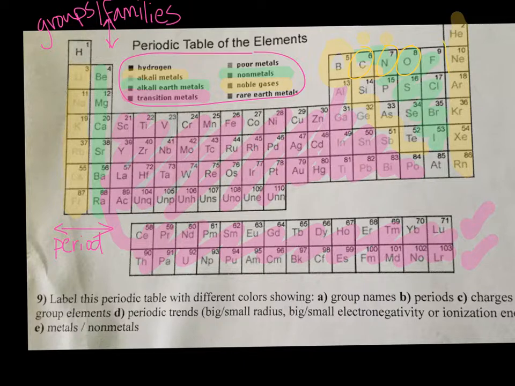And when we get here, this group 17 right here, okay? Remember, these are your halogens. Hopefully you guys can see that. That kind of finishes it up with our different group names.